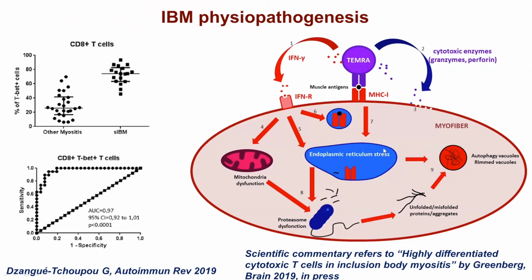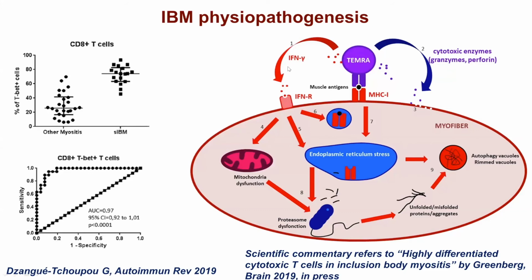And we propose the following mechanism in the pathogenesis of IBM. These TEMRA cells, which are very resistant to corticosteroids and classical immunosuppressants, secrete a lot of cytotoxic enzymes such as granzyme and perforins, which induce some holes in the membrane and induce necrosis, but also endoplasmic reticulum stress.